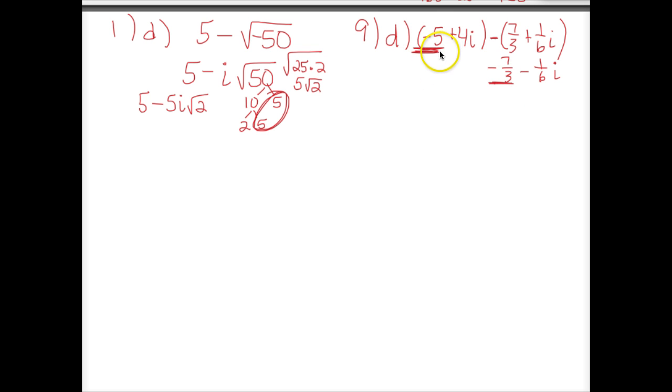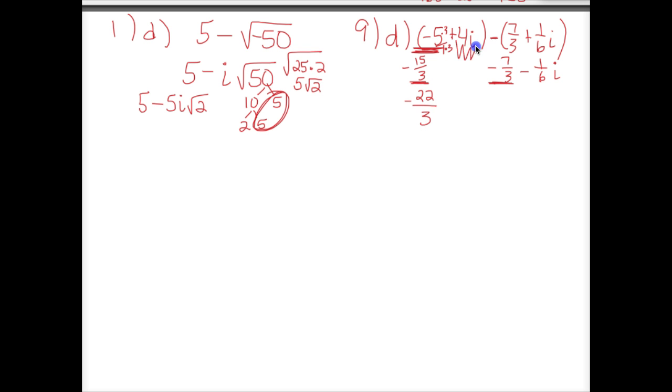So my common denominator, right now this denominator is 1, so 3 is my common denominator. To get to 3, I would multiply by 3 on the bottom, so I multiply by 3 on the top. So negative 5, as many of you know, is negative 15/3. So negative 15/3 minus 7/3 gives me that negative 22/3 that you see in my answer.